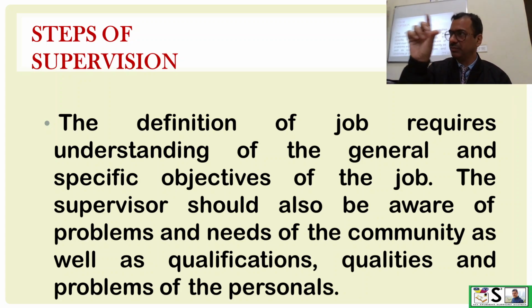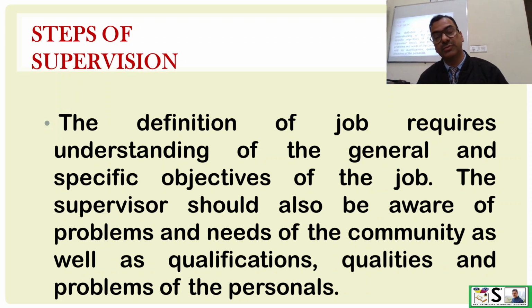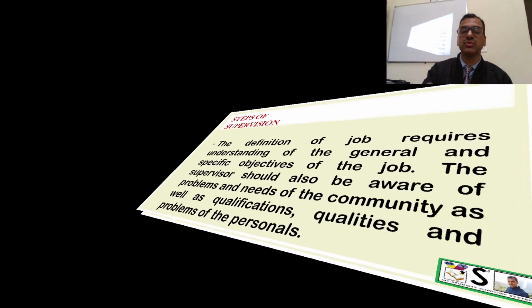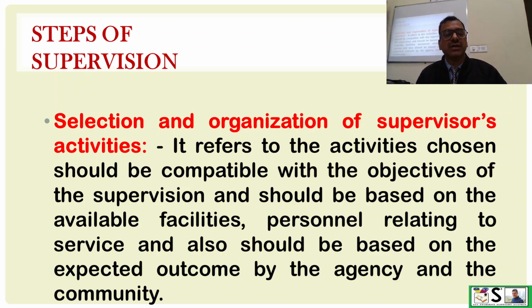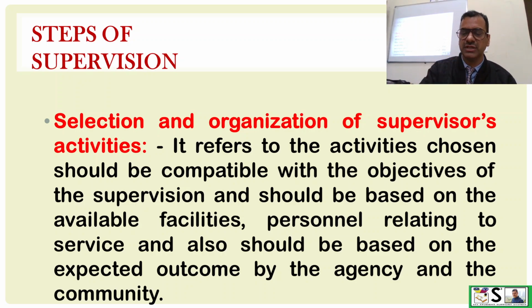Okay, general objective, main activity, and then specific objectives, as you have seen in your health talks. So these should be clearly defined in relation to the activities. Then I have already told you selection and organization of supervisor's activity, means what the supervisor is expected to do. Okay, and these are written or clearly found out by the managers, who are assigning the work to the supervisor.